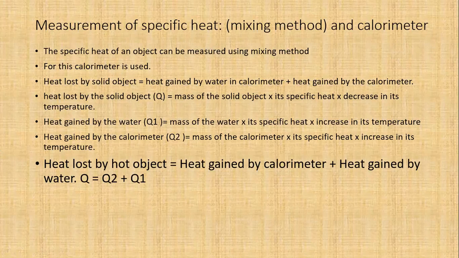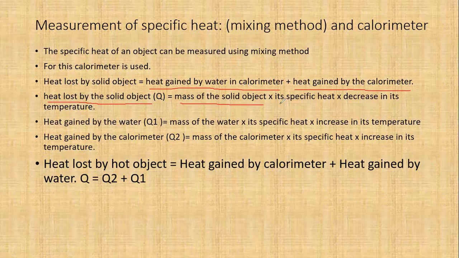Heat lost by the solid object is equal to heat gained by the water in the calorimeter plus heat gained by the calorimeter. Heat lost by the solid object, that is Q, is the mass of the solid object multiplied by its specific heat and the decrease in its temperature.